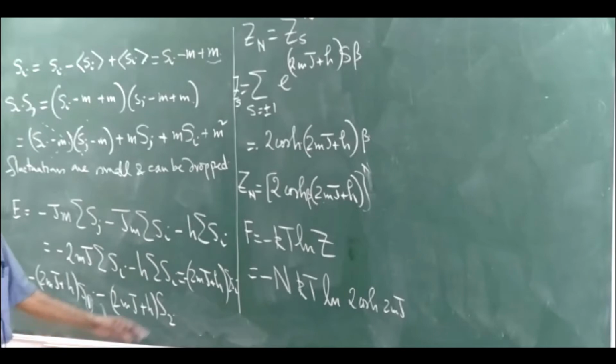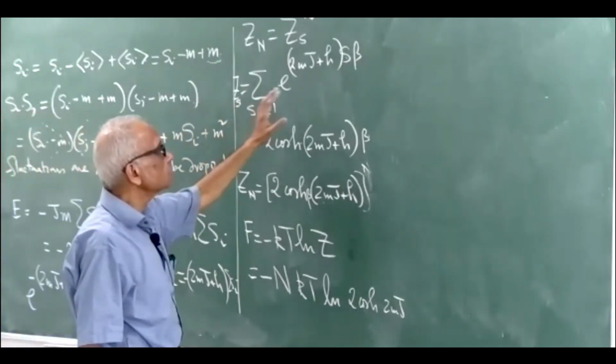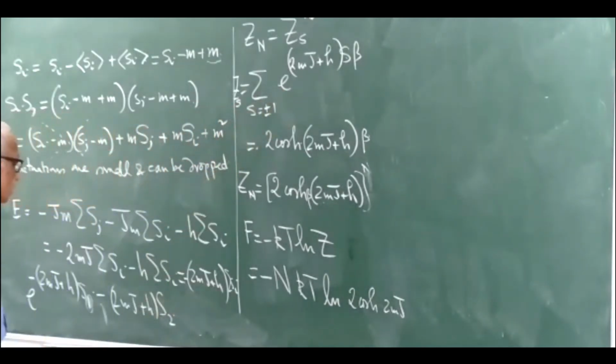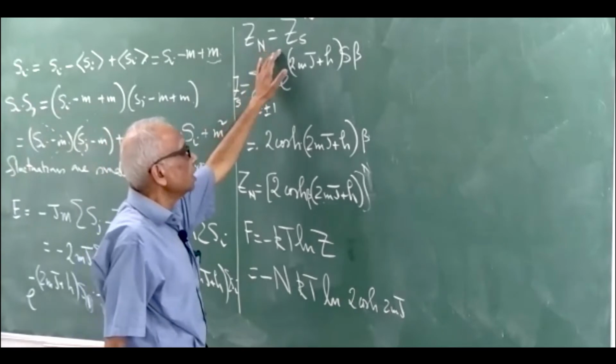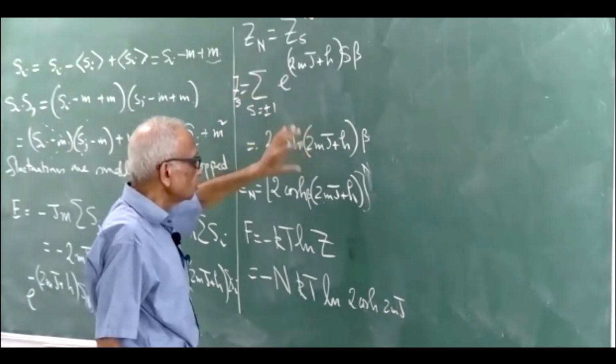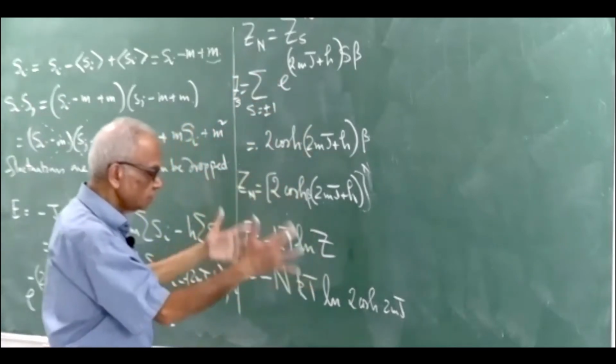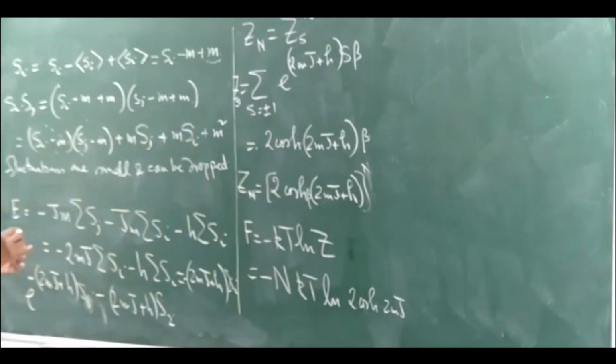So here is this total number n, for all these, essentially n sites all over them.